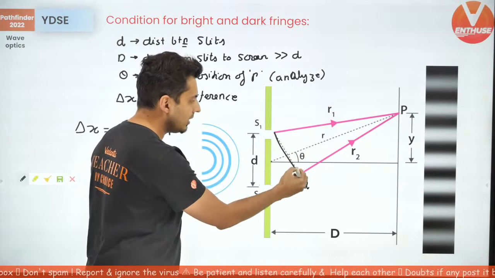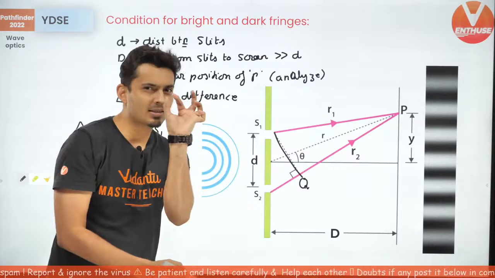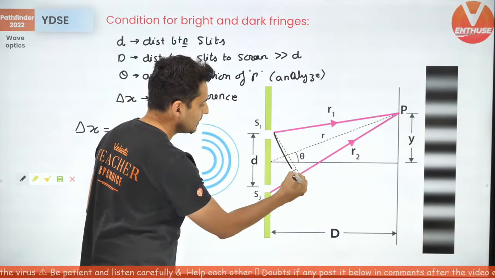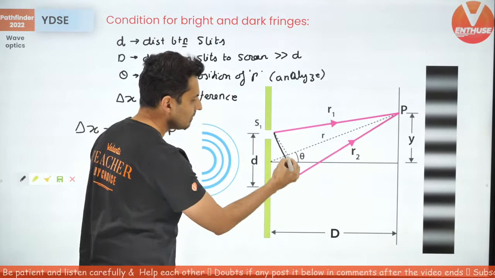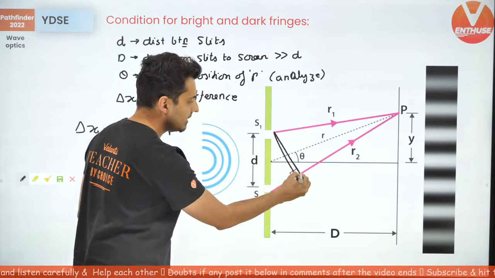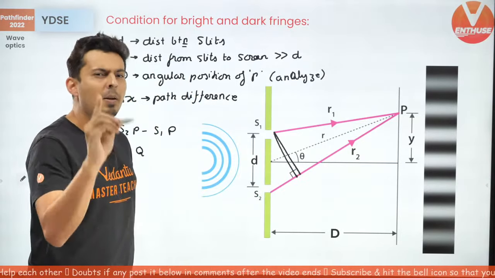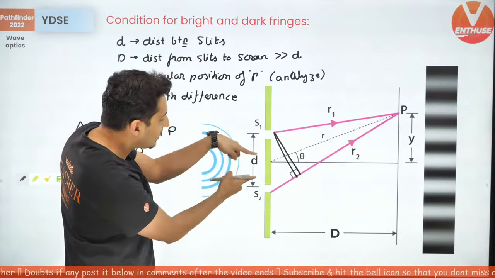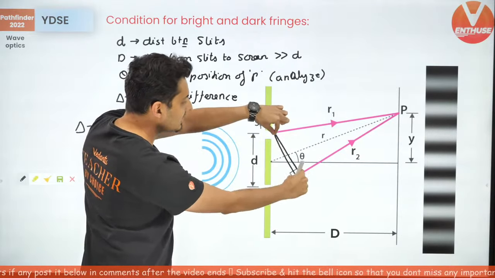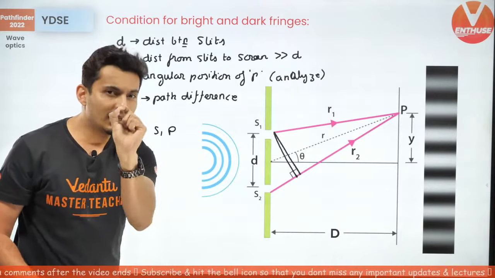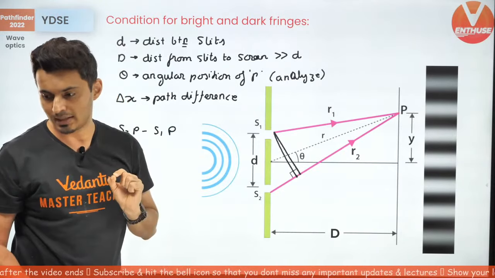When I draw a straight line and that arc, there will be a small difference. When I draw an arc like this, maybe it hits over here, but when I draw a perpendicular, it's a straight line, so there will be a small difference between those two points. But since S1 and S2 are very close, the difference between the straight line and the curved line will be very small, negligible. So I can ignore that.